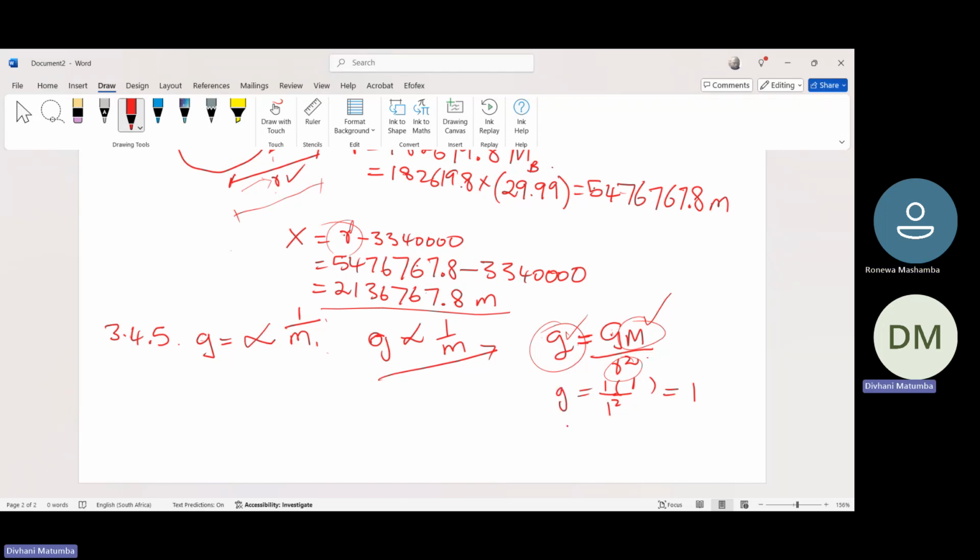And then the mass increased. The G stayed the same, and the R squared stayed the same. We'll have 1 over 1 squared times, let's say the mass increased by 1 and it became 2. So we are going to have 2. What is the answer? 2. Okay. Did the value of gravitational acceleration increase or decrease?